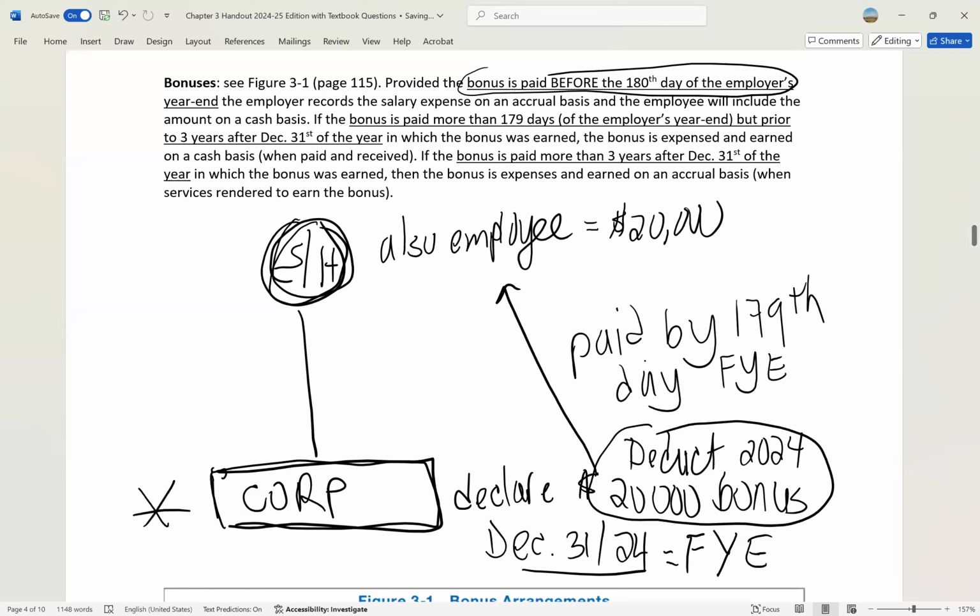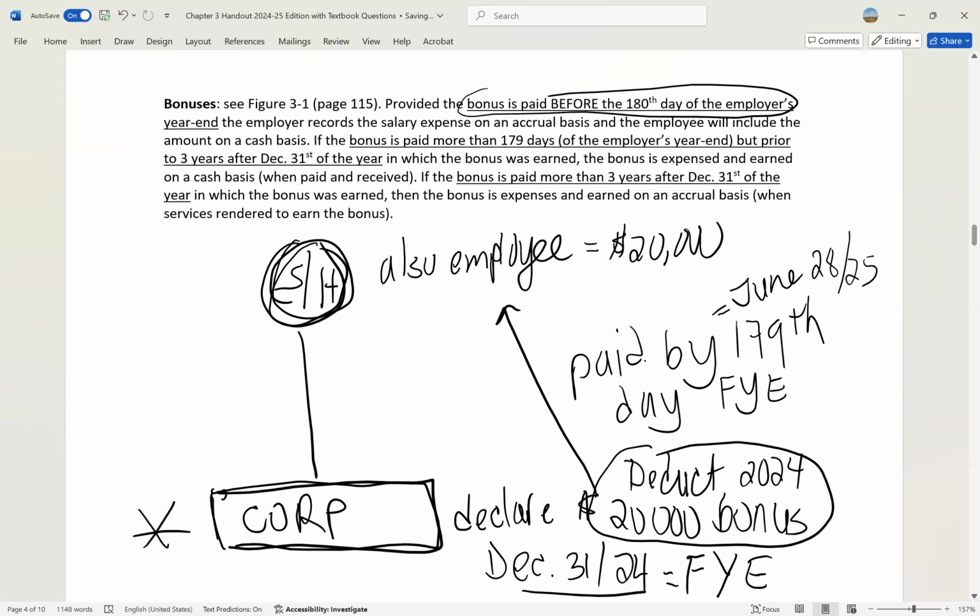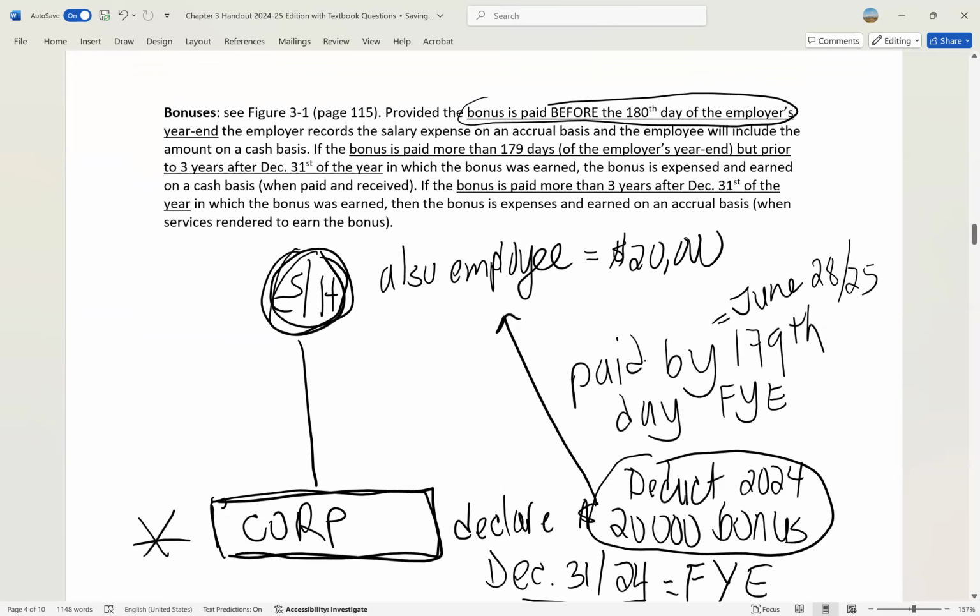The 179th day from that day is going to be June 28th, 2025. So provided that the bonus is paid by June 28th, 2025, let's say it was paid on June 28th, 2025, then this employee would include it in their 2025 year.